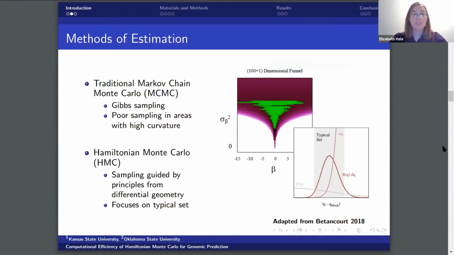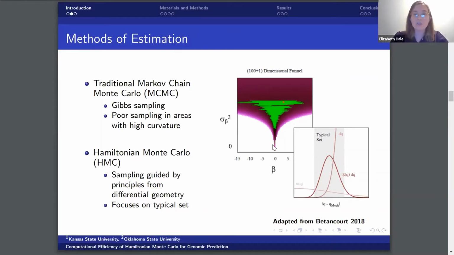Now, traditional MCMC with Gibbs sampling tends to do really poorly for parameter spaces that have high curvature. This image right here is actually a really good example of this. This shows the joint posterior distribution for beta and its variance, sigma beta squared. As the variance gets closer and closer to zero, it creates this bottleneck effect because beta must also then become closer and closer to zero.